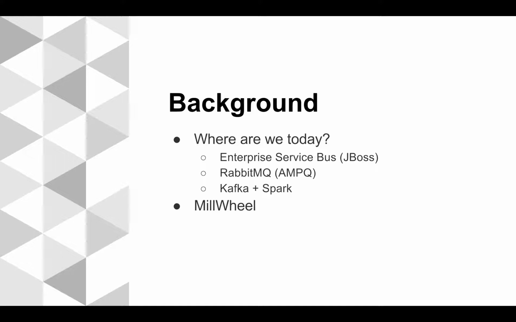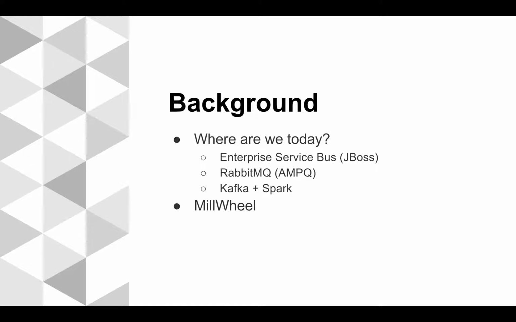This has been around for a while, and it's basically a way for different services inside your infrastructure to communicate with each other over a messaging bus. There are still places that use something like this, but I would argue things are moving, as we'll see in a couple of the examples, in a different direction.